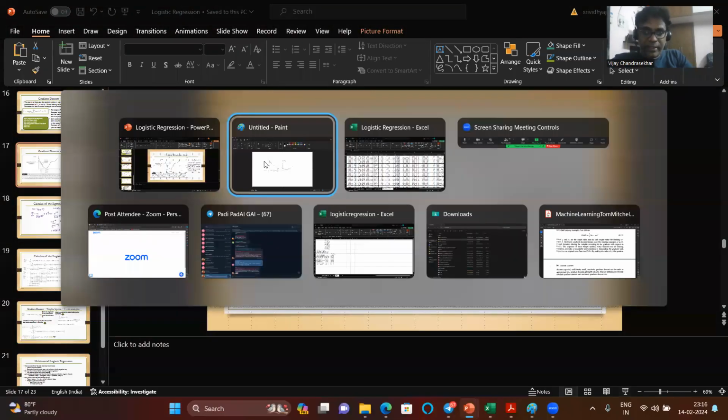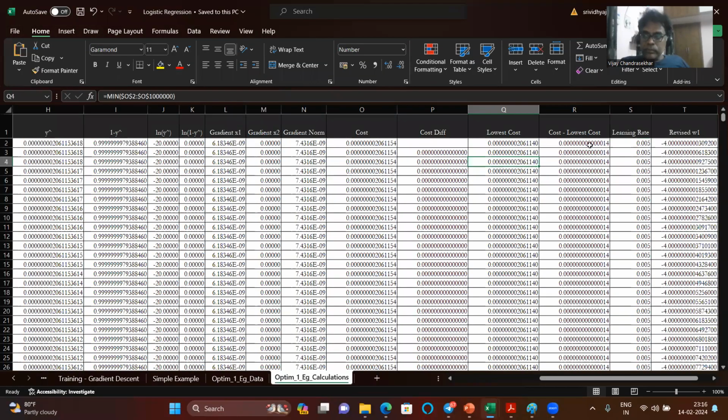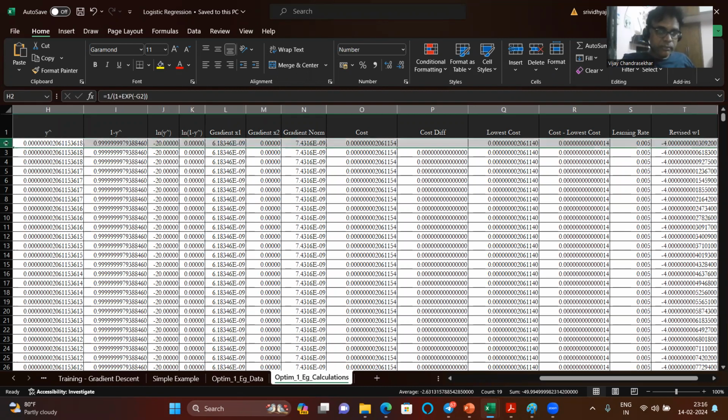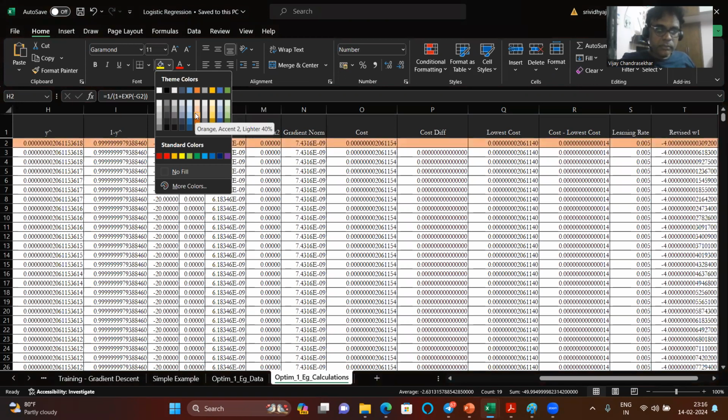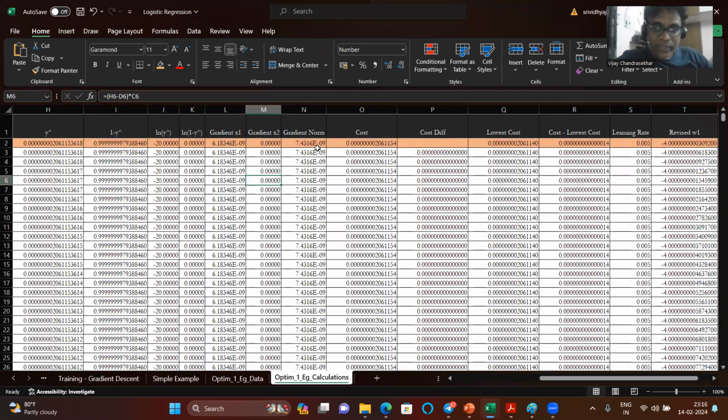Now, can somebody tell me, we'll just focus on this row, okay? I'll just highlight it so that we all know which row we are dealing with. Now, can you tell me how would we calculate the revised W1?